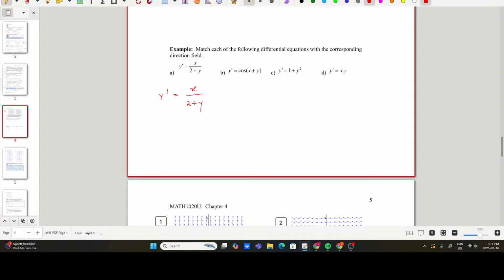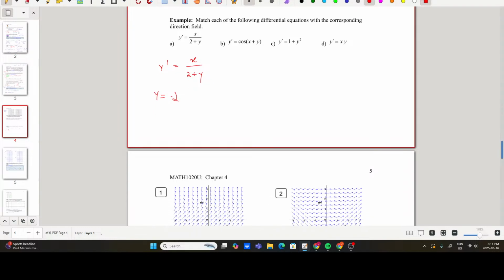The first thing I can state is that we could potentially have some type of asymptote. Because if 2 plus y equals 0, my y is equal to negative 2, then we're going to have some type of issue occurring. So I'm going to look for some type of variability at y equals negative 2.